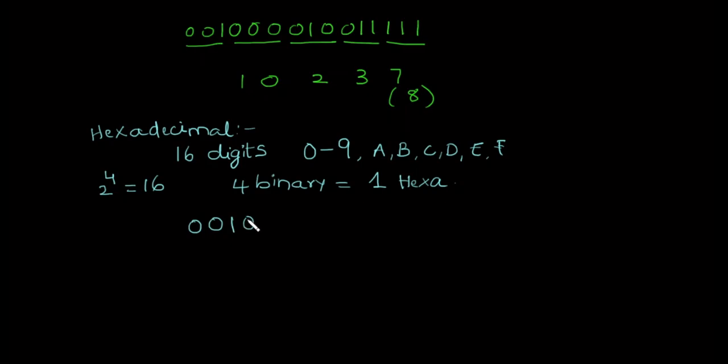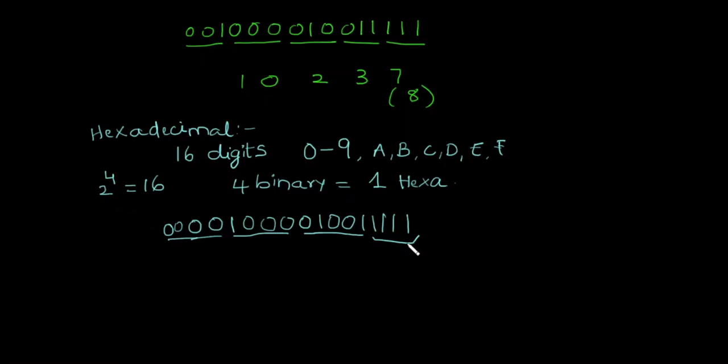001, 000, 010, 011, then followed by 3 ones. So when we are trying to convert it into hexadecimal, we need to group 4 bits, then these 4, and finally I am left with 2 zeros, so I can assume another 2 zeros. Of course it will become 0 only, so I can ignore this component.